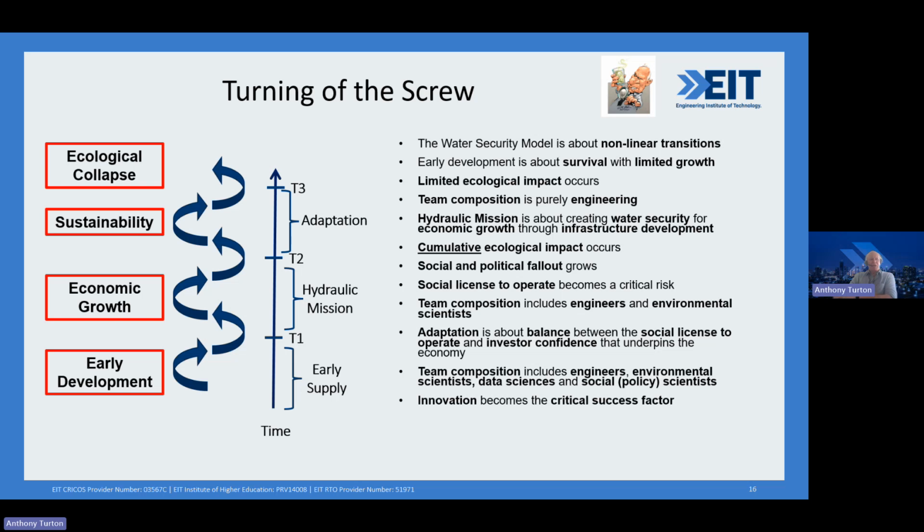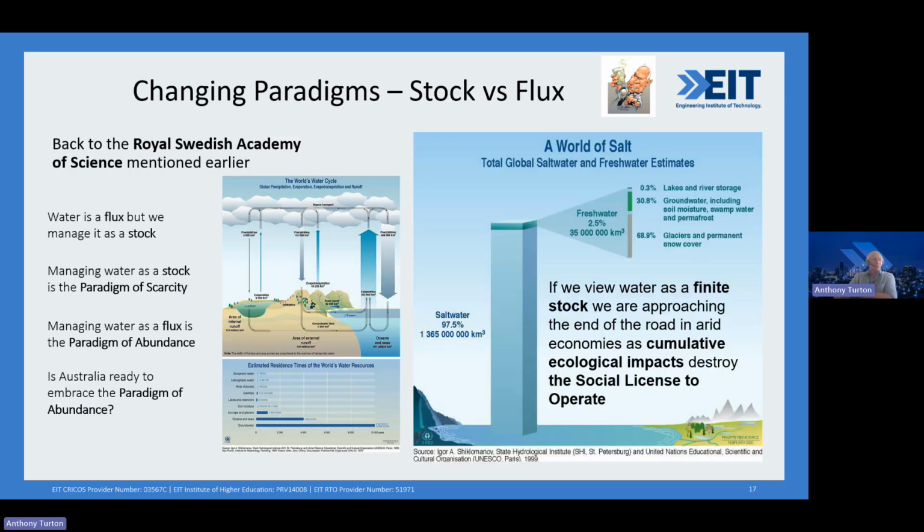But innovation becomes a critical factor, and I believe that EIT is a place of great innovation, and that's one of my reasons for being interested in working with EIT, because I believe that innovation will become the driver of change, the driver of growth for the future. That's the difference. That's the second order resource that I'm talking about that will be needed to survive in the future. Okay, let's go back to the Royal Swedish Academy of Science now.